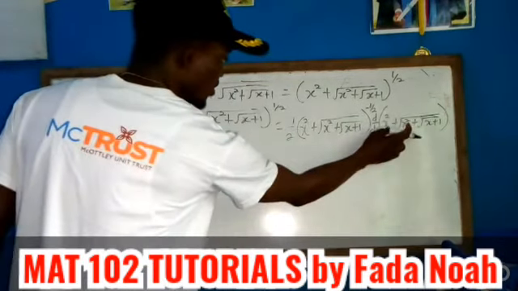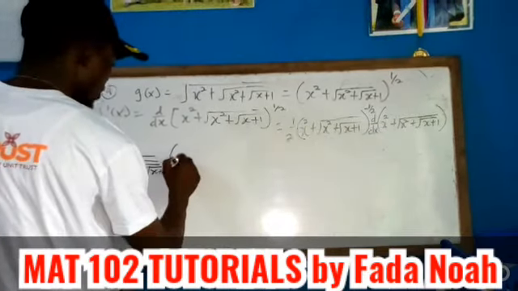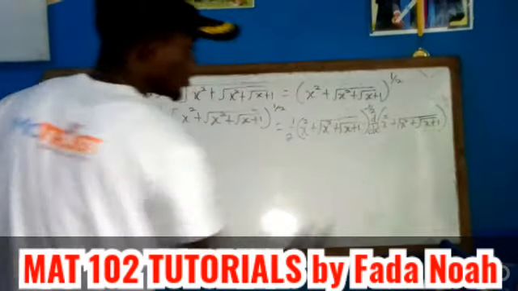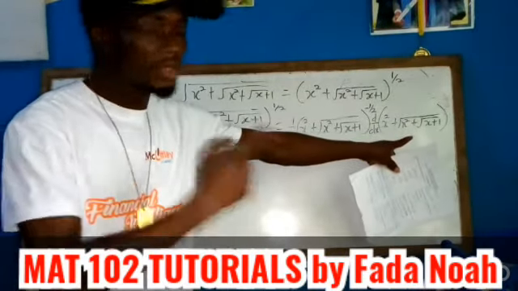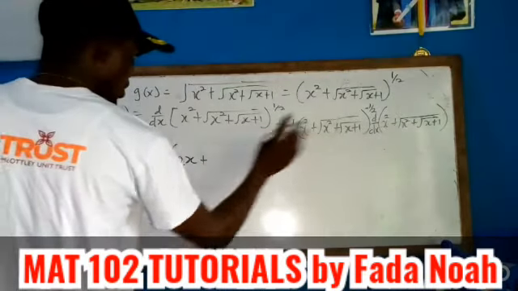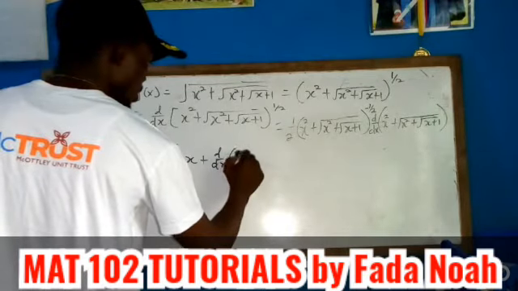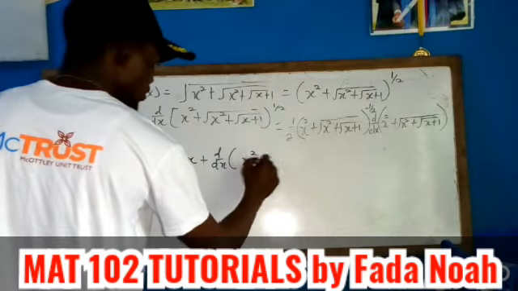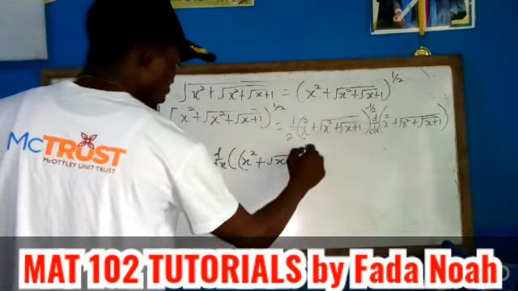We differentiate the first term and the second term. The derivative of the first term will give us 2x, plus the derivative of this one. That one we can't get straight here. We have to write the derivative and then later we find the answer to that. So you have d dx of the square root of x squared plus the square root of x plus 1, all exponent 1 over 2.